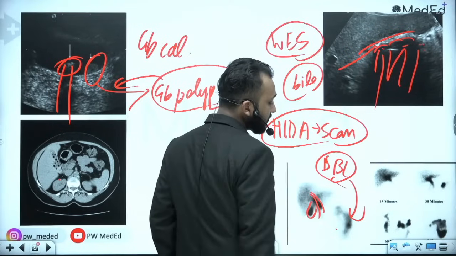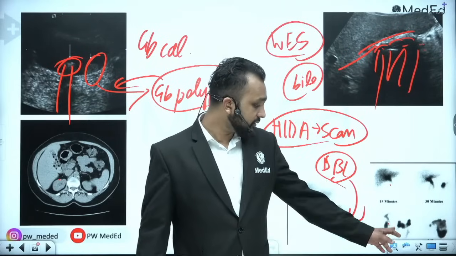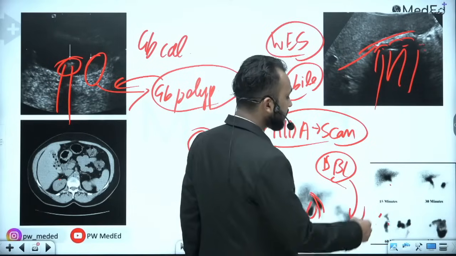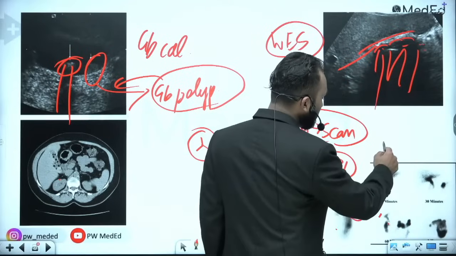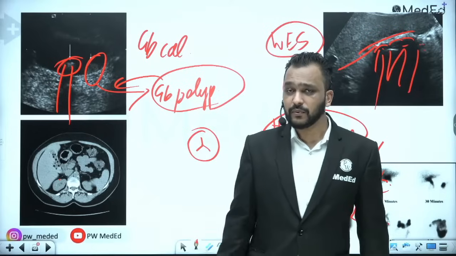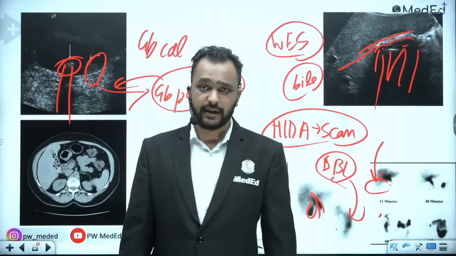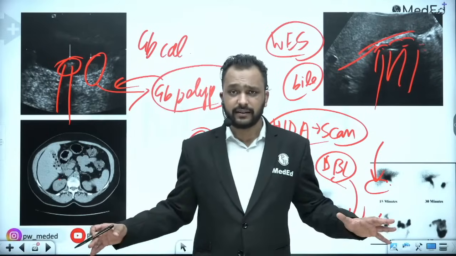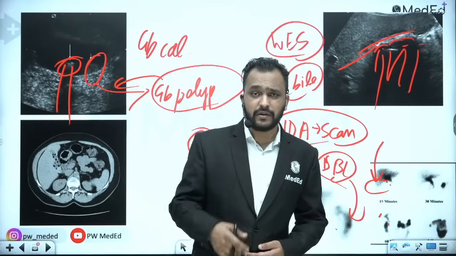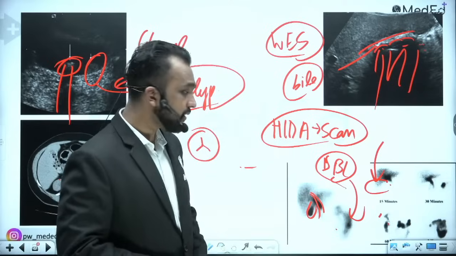But in patients with acute cholecystitis, you will see that there is no uptake by the gallbladder, and this will be seen in patients with acute calculous cholecystitis. Okay, if the whole biliary tree is not visible, no uptake is shown by the biliary tree, what will be the diagnosis in that case?